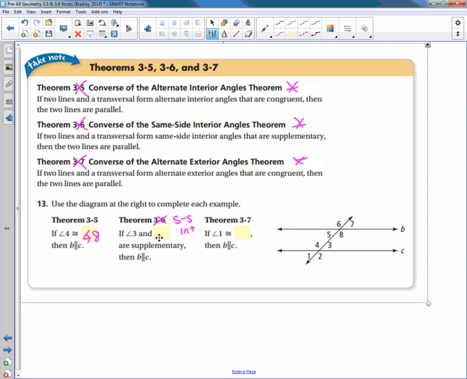If 3 and blank are supplementary, then B and C are parallel. So 3 and 8 is correct. For 3.7, which is going to be the alternate exterior, 1 has to be congruent to what? 7. And if it is, then B and C are indeed parallel.